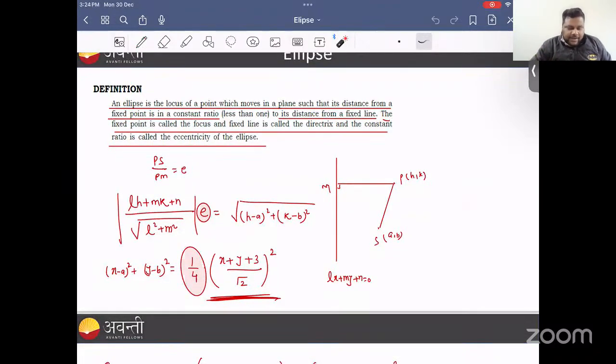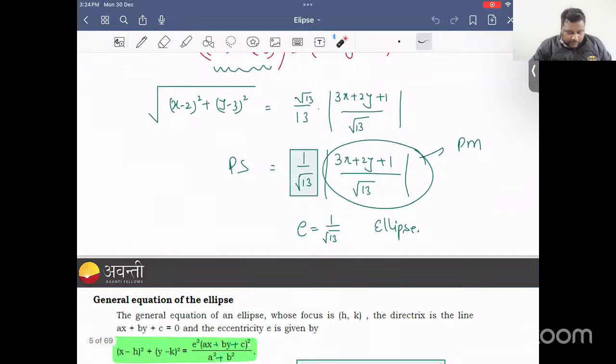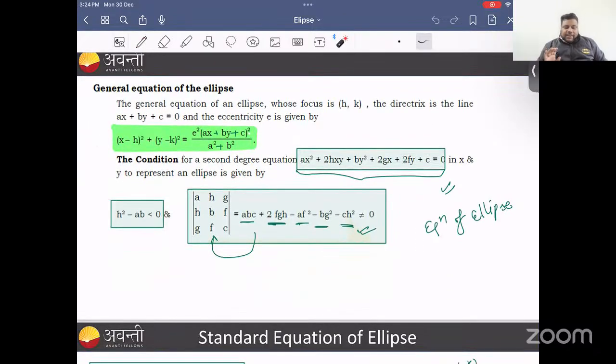Once again, I repeat, locus of a point which moves in a plane in such a way that its distance from a fixed point is in constant ratio to its distance from a fixed line. Got it? Now, general equation of the ellipse is simply what?